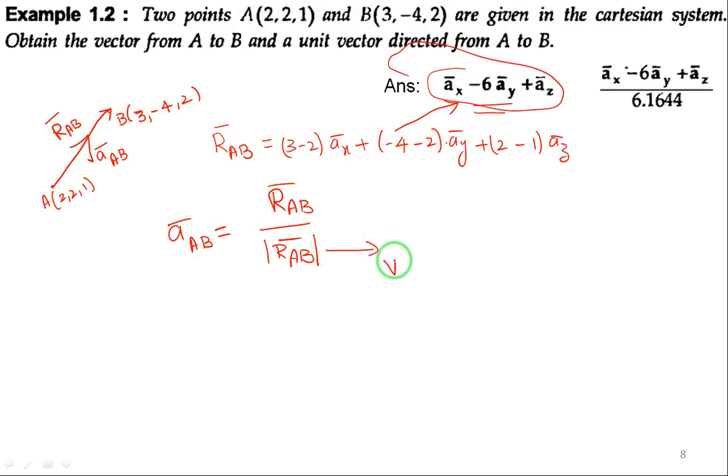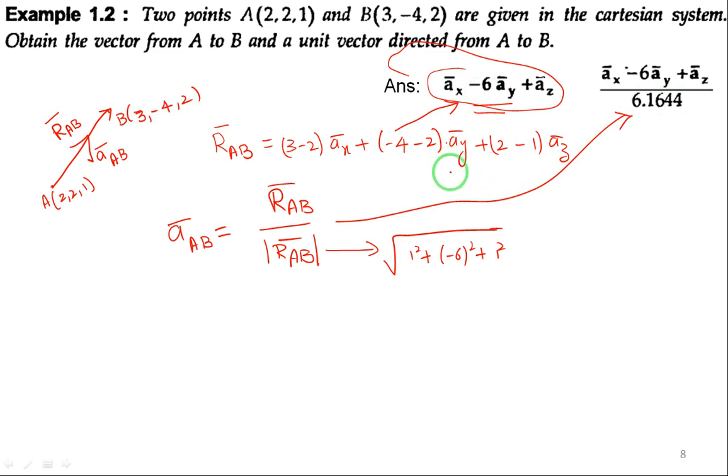Square root of the sum of the component squares: square root of 1 squared plus minus 6 whole squared plus 1 squared. This will give the denominator. Numerator I already have, this RAB. So this is the final answer AAB, which I have given here. You can leave it or you can simplify it.